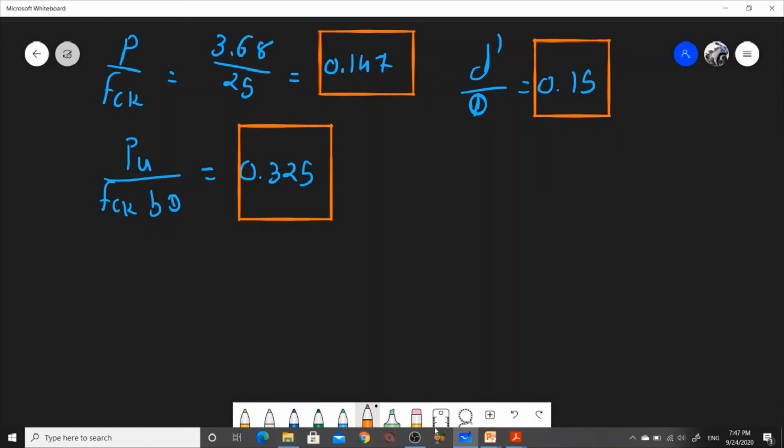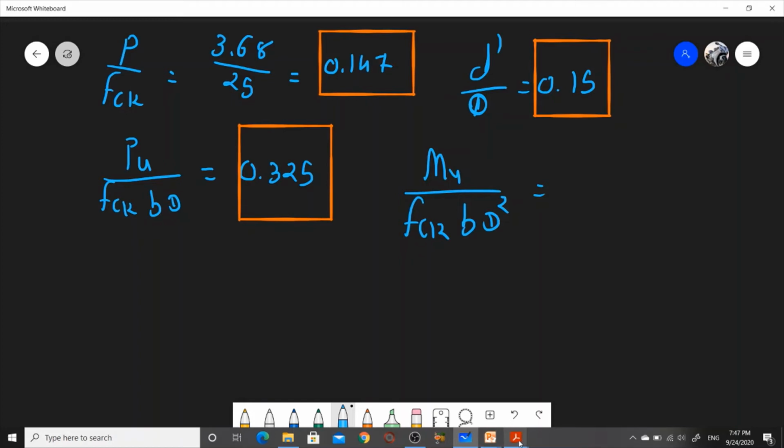By these three values, we will find Mu by fck bd squared.